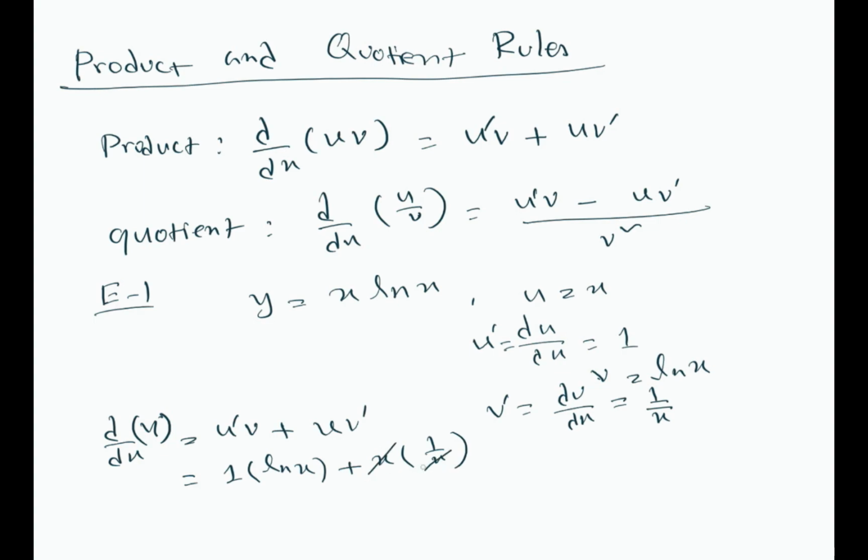So this x gets cancelled, and I can rewrite this answer as ln of x plus 1. So this is the answer for this problem based on the product rule, because here we have an algebraic function and a logarithmic function, and they are multiplied together.